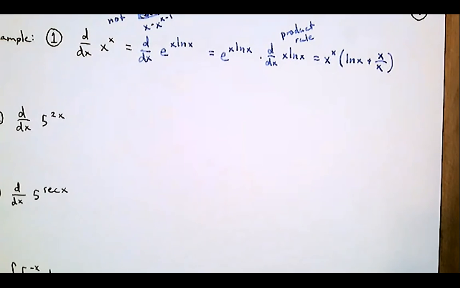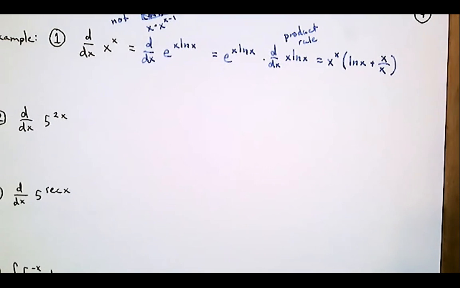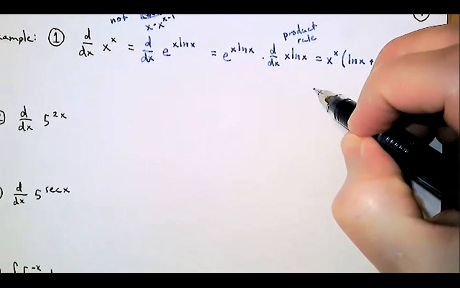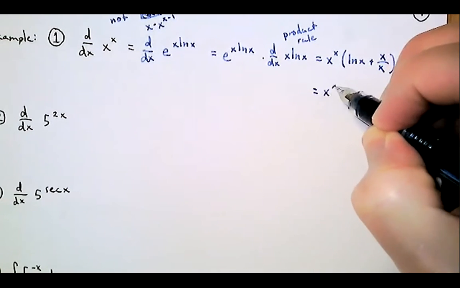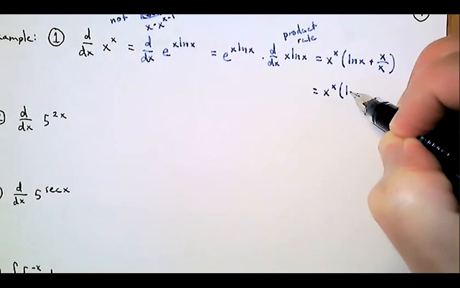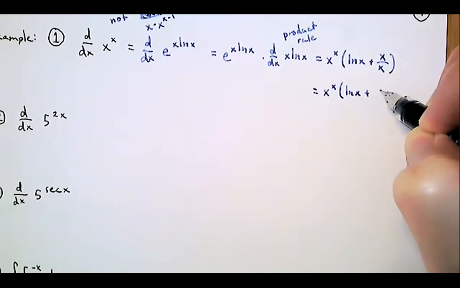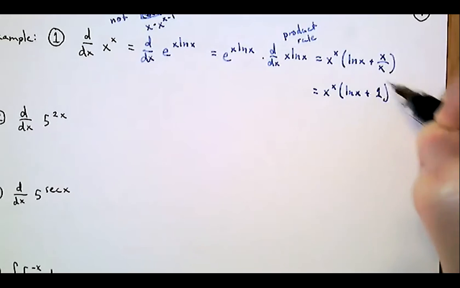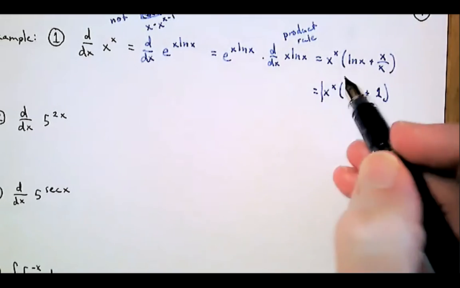So you get an x over x, which of course is just 1. So this is what you get for your result.